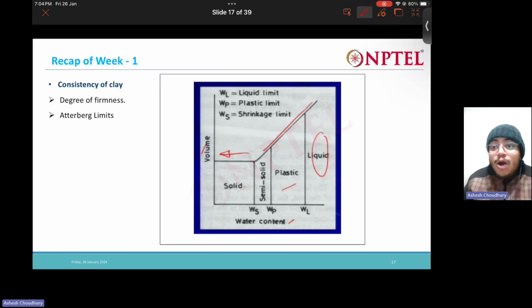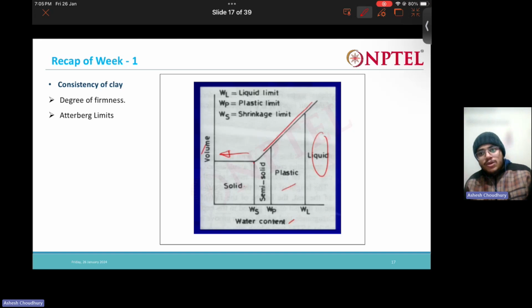Now if you mix a fine grained soil, remember, whenever I say fine grained it means most of the soil particles are lesser than 75 microns. That's why it is called a fine grained soil. If you keep on mixing water in it, what will happen?